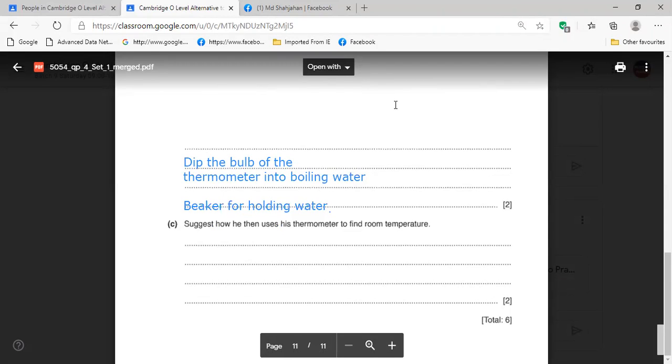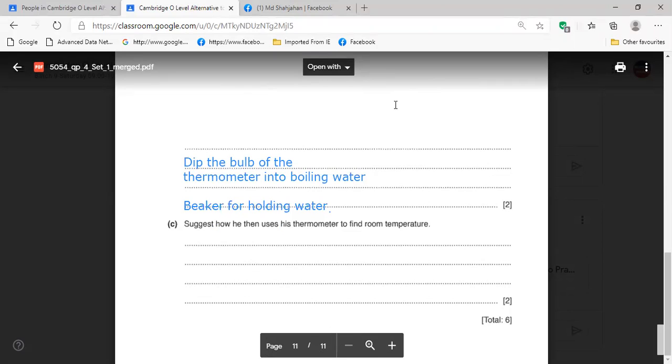First he got the ice point, which means 0 degrees Celsius, and the other point is called the steam point, right? Those two points he can mark on the thermometer with a permanent marker. Then he can take the length of the thermometer.